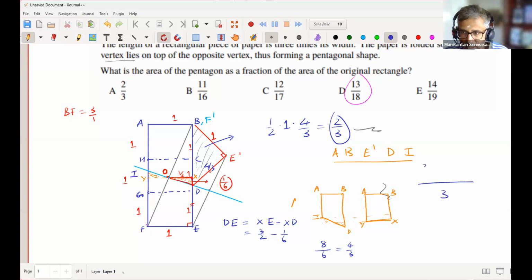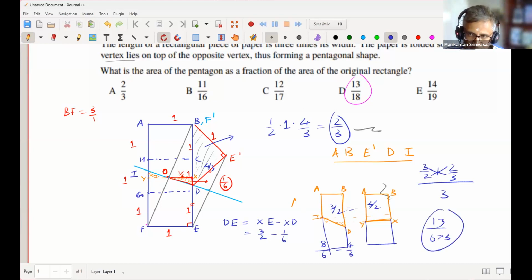Of that, the trapezium occupied 3/2, which is equivalent to this half of the rectangle, right? The initial big one was like this, right? So we said this is 3/2, and then the triangle on the side was 2/3. So this comes out to be, Rohan is right. 9 plus 4 is 13. 13/6 into 1/3, which is 13/18. Very well done, Rohan.